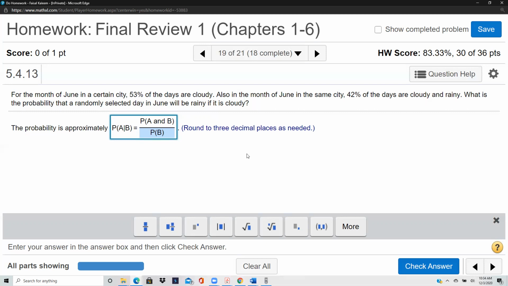So now I don't have the word given in this problem, but there is one word which has the same meaning as the word given in this context.